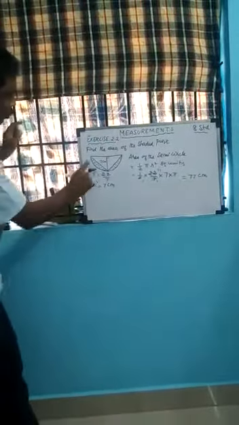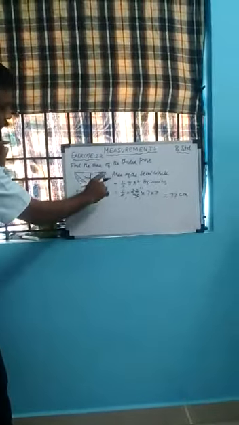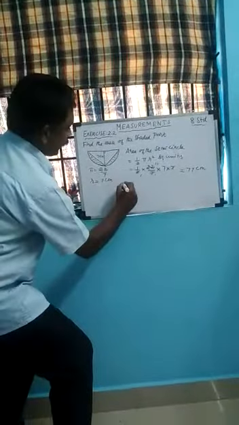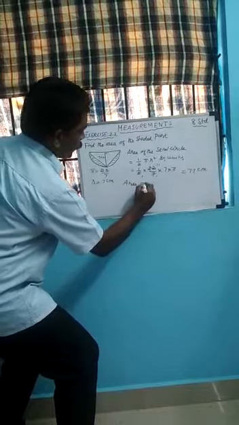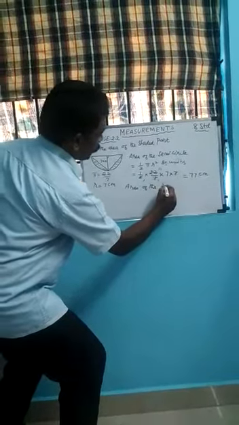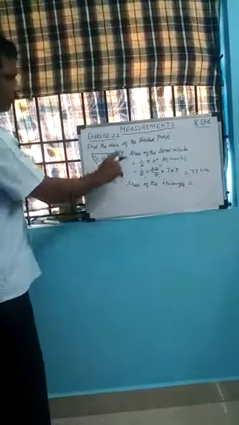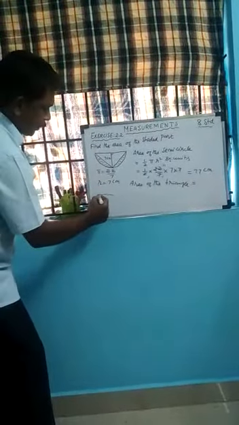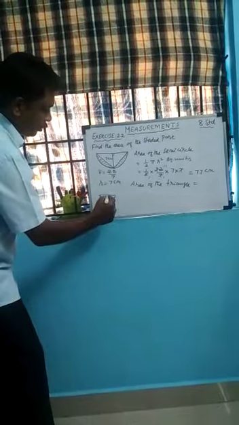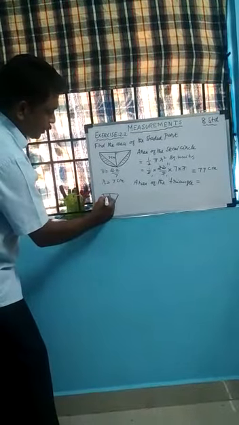Now we can find out the area of the triangle. This is the triangle. The radius is given.